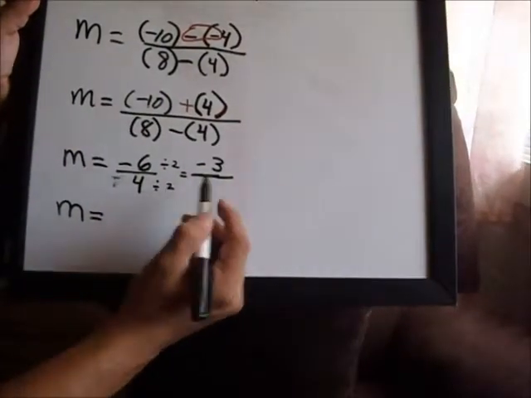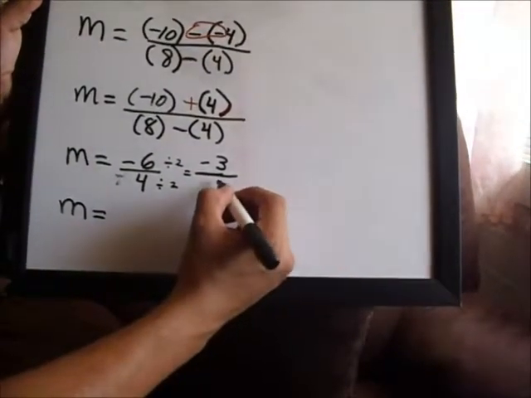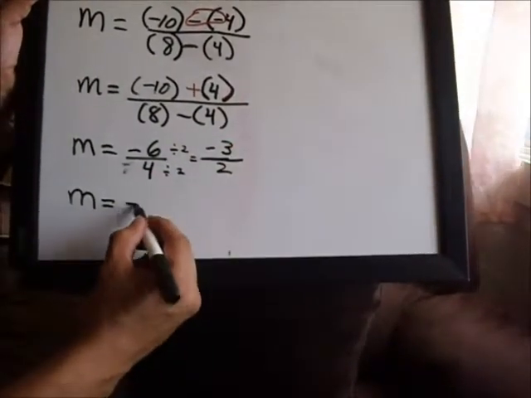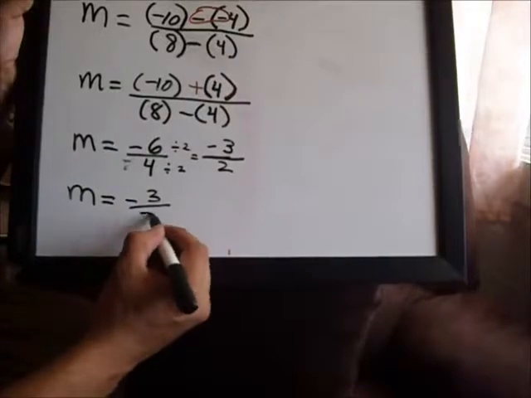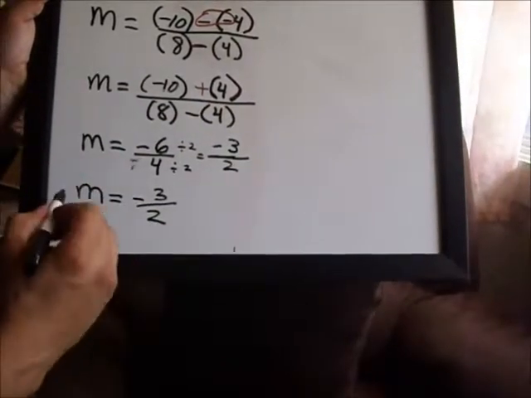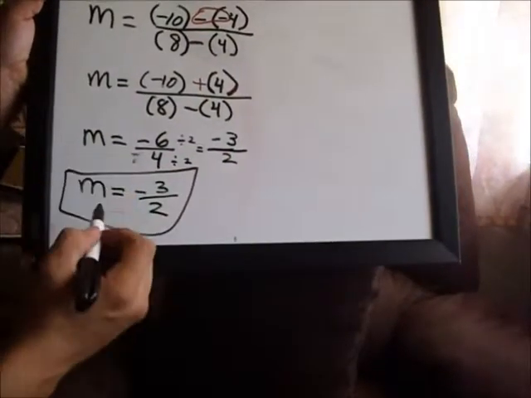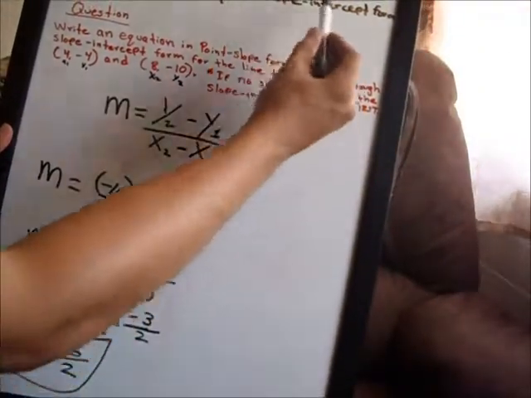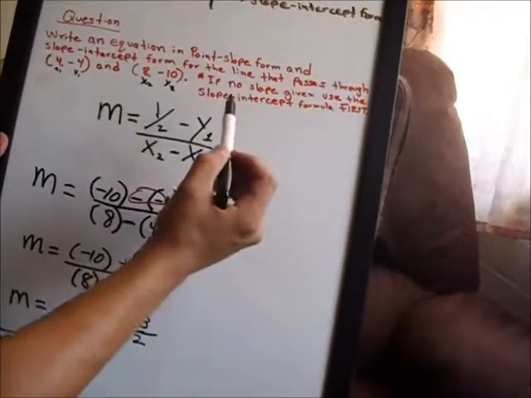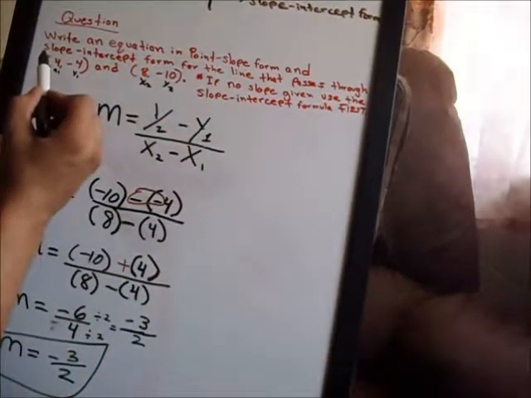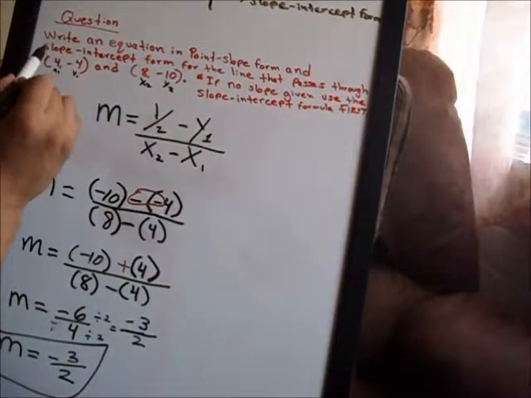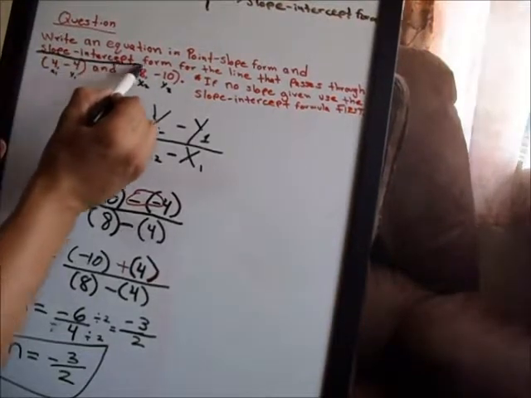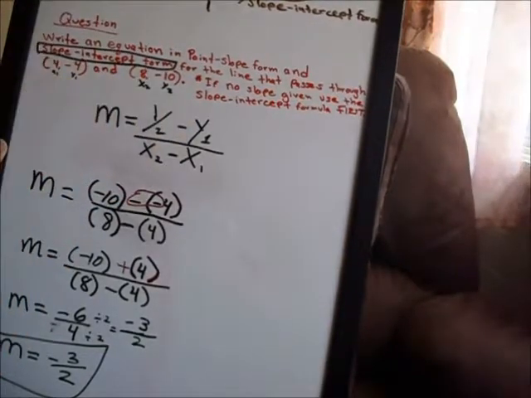Positive 4 divided by 2 is 2. And we can put this over here. There you go. This is your final answer for the slope, which is just part of the question. You solved this part. Okay? Done with that.